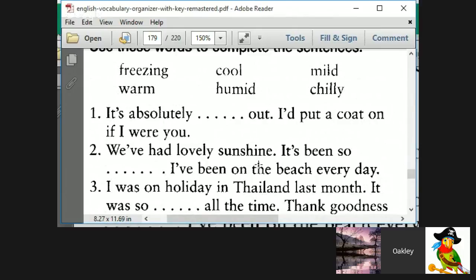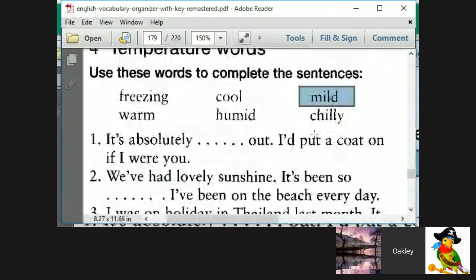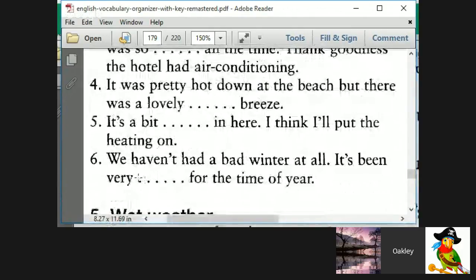It's not freezing. So it's been mild. Yes, you're right.